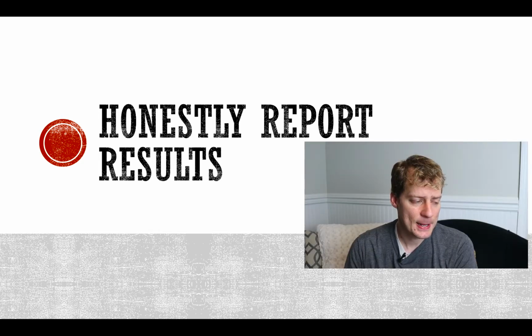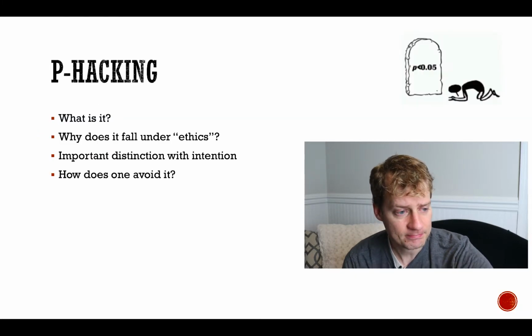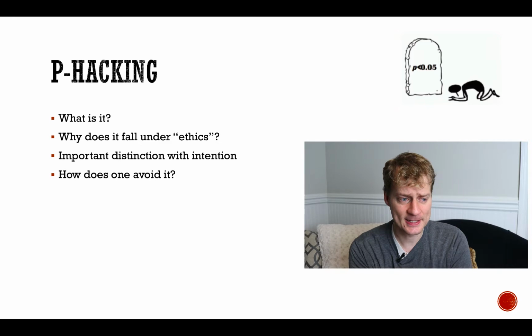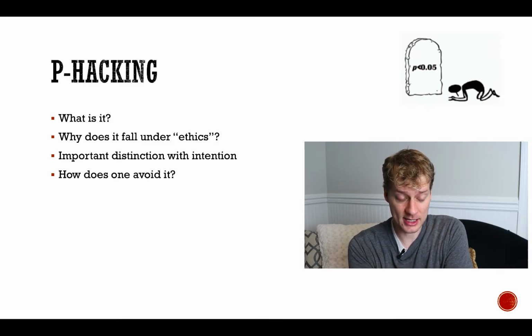And then finally, getting into my pet area as a statistician and one of my research areas, honestly reporting results. So, p-hacking. Hopefully you read the article about p-hacking, the Simmons, Nelson, and Simonsohn article, although there's been lots of discussion about this. So what is p-hacking?